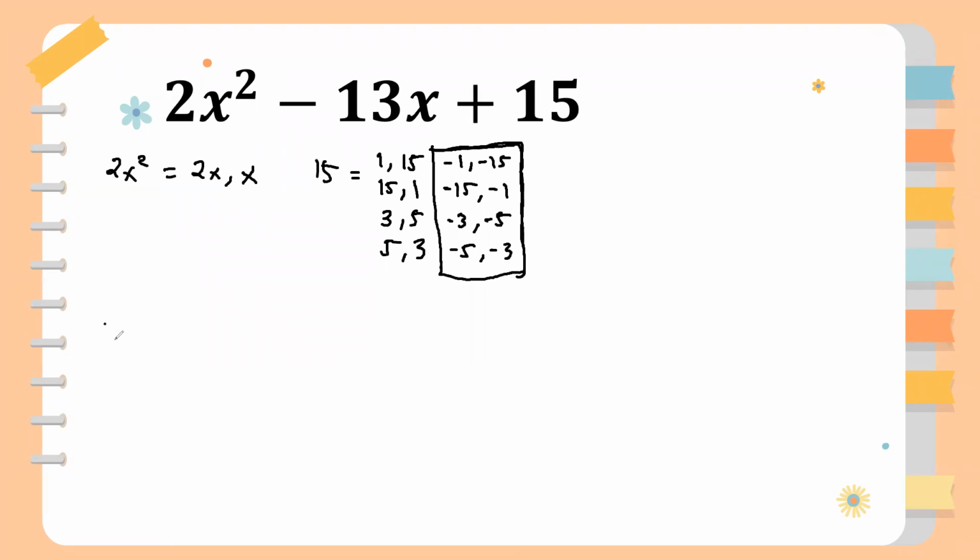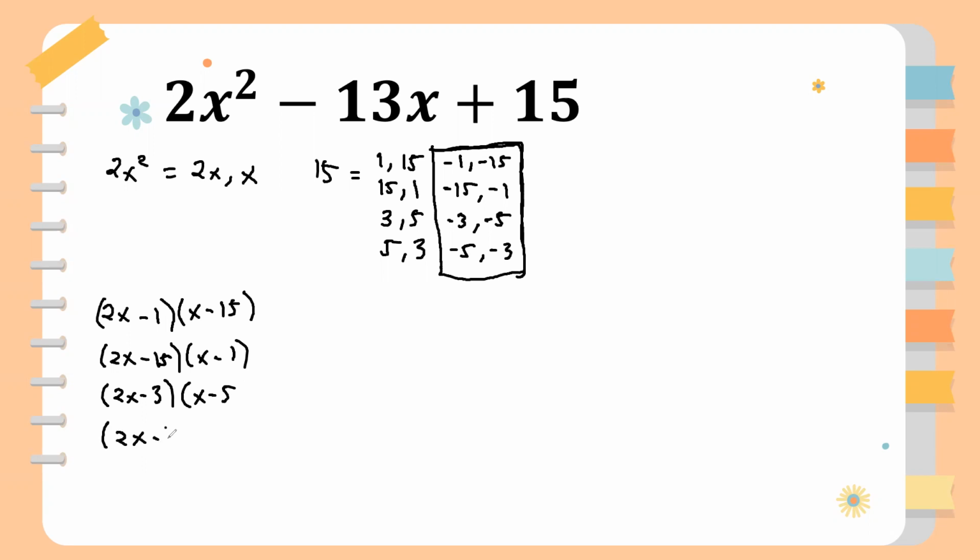So we have 2x minus 1 times the quantity of x minus 15, 2x minus 15 times the quantity of x minus 1, 2x minus 3 times the quantity of x minus 5, and 2x minus 5 times the quantity of x minus 3.